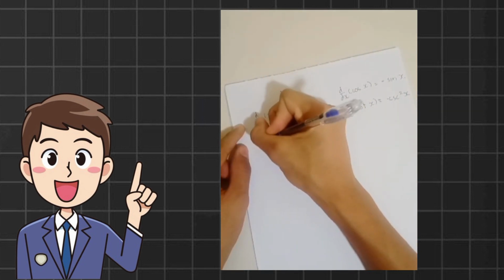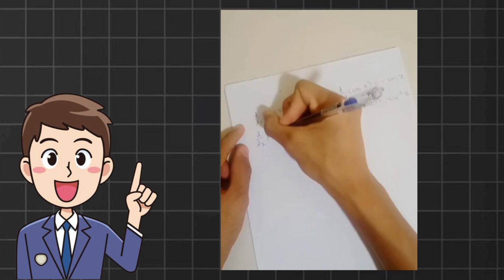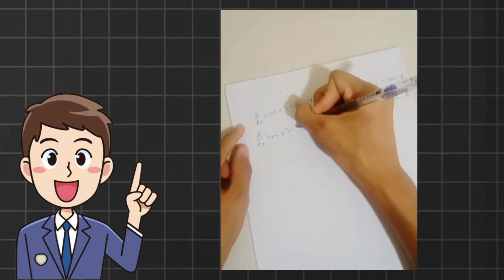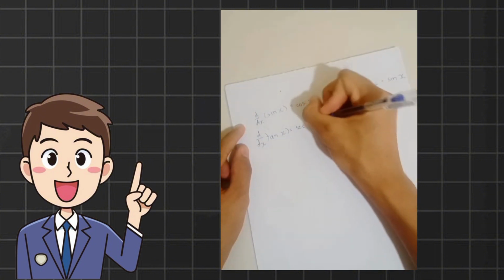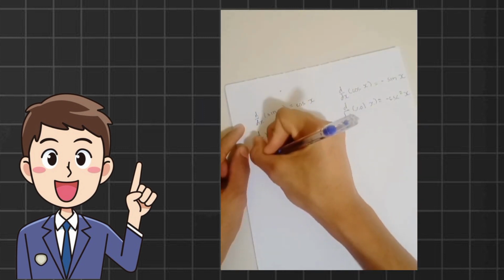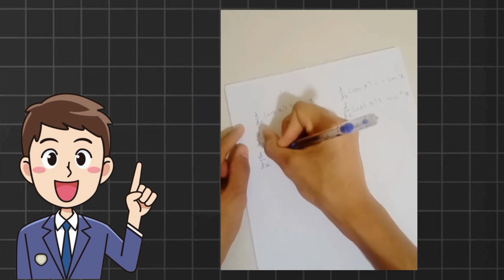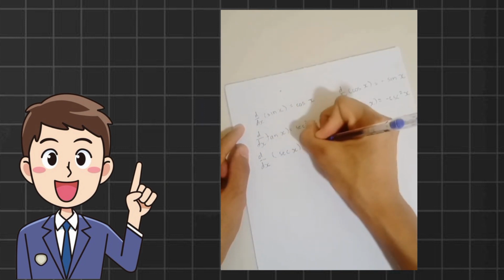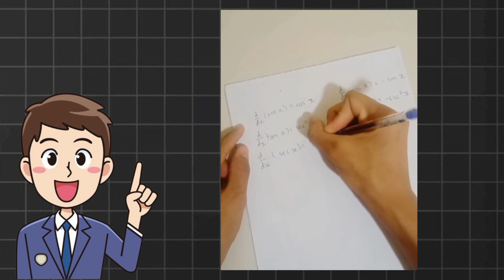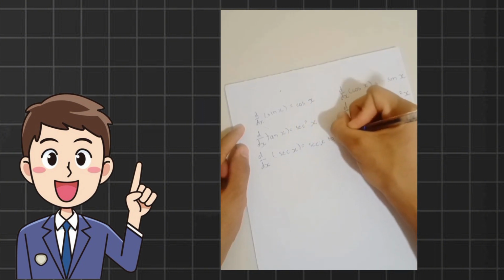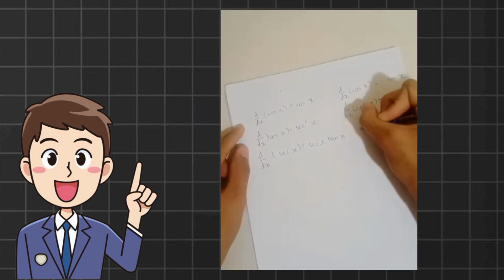Derivative of tangent x is equal to secant squared x. Derivative of secant x is equal to secant x tangent x.